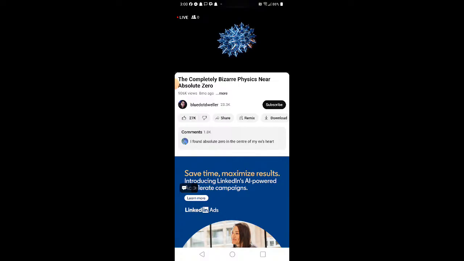So, generally speaking, you would think that would be the smallest thing possible, but the shell of the atom is a thing. That's not made of quarks. That's made of something else entirely.